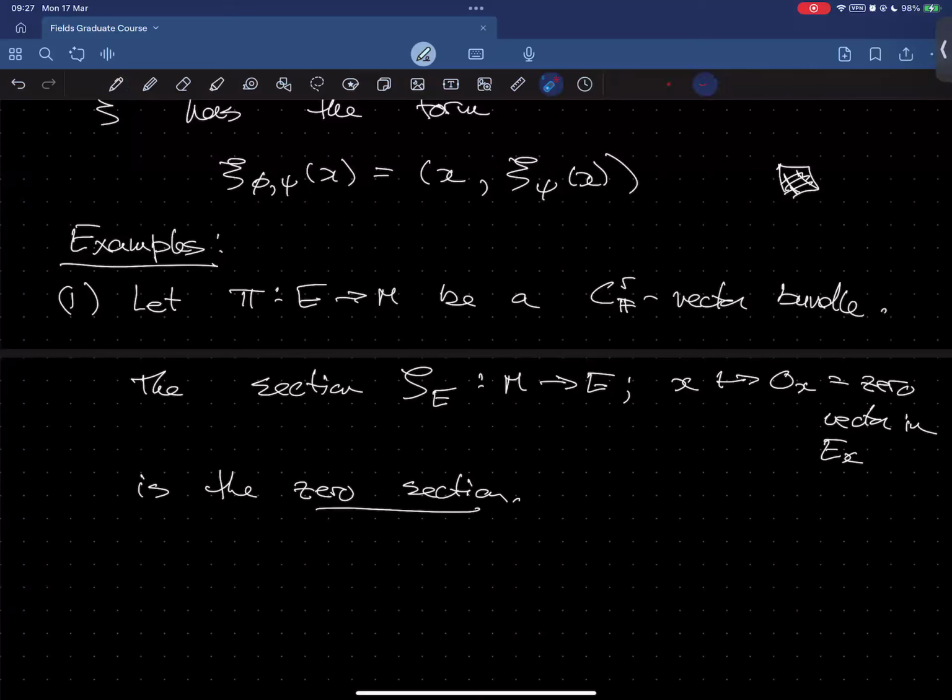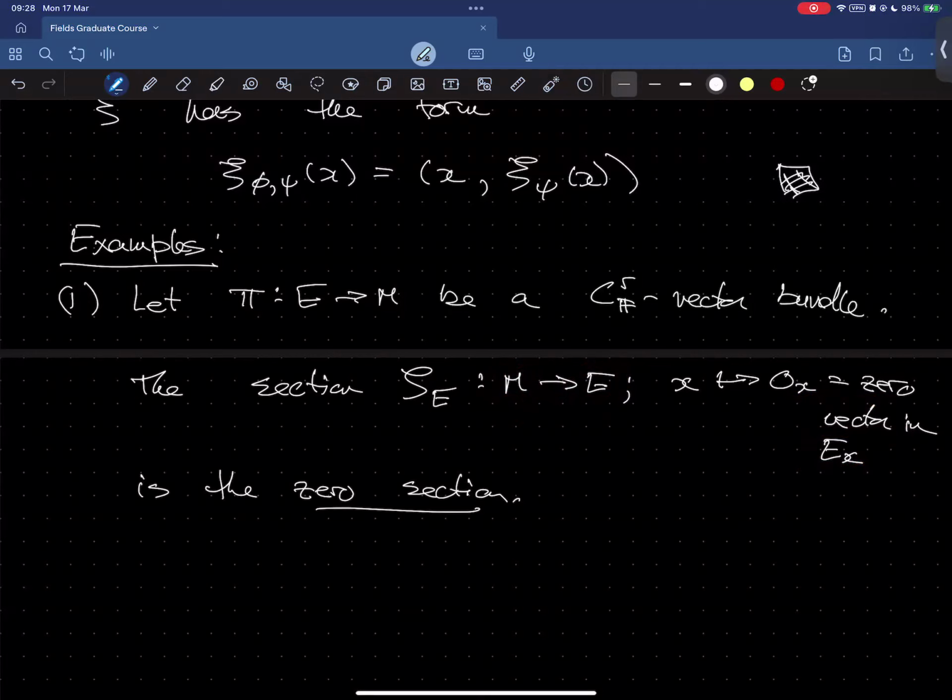So there's multiple ways to think about the zero section. Because M is a submanifold of E, and what's the submanifold M of E? By definition, we defined the base space as all the points in E which are zero when you represent them in a local vector bundle chart. So this immediately says that this mapping is really just the inclusion mapping of M into E. That's another way to think about the zero section.